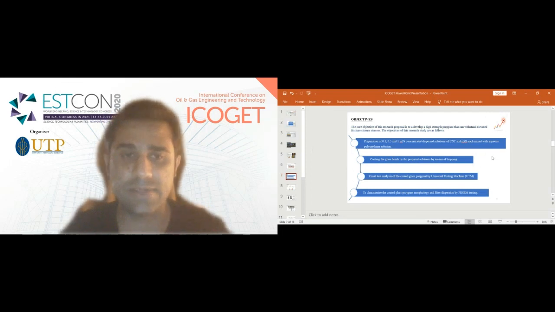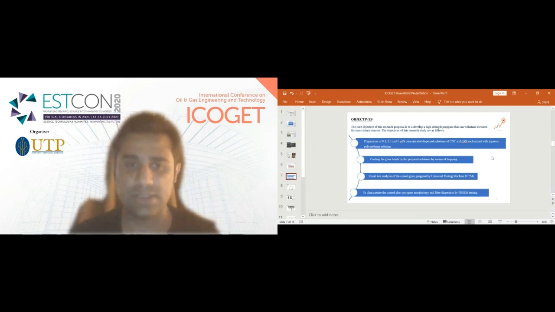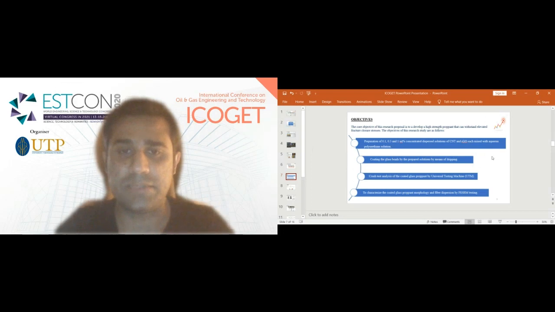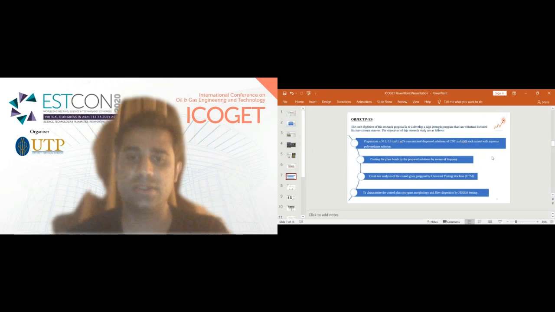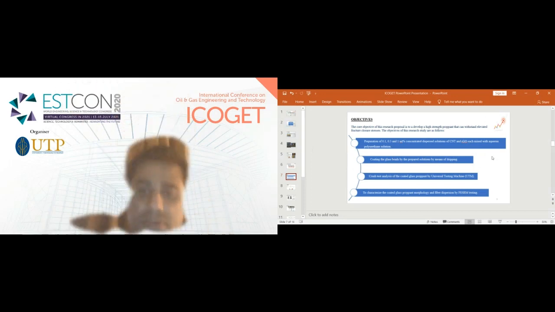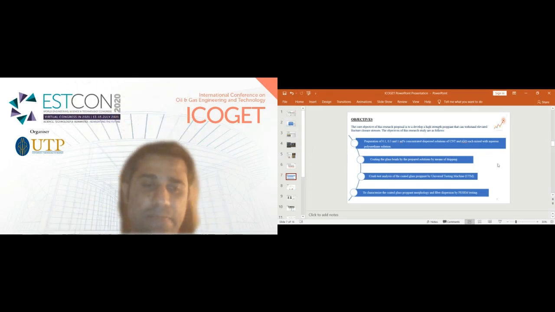The second objective is coating the glass beads propellant with the prepared solution by means of dripping. The third objective is crush test analysis of the coated glass propellants by universal testing machine (UTM). And finally, to characterize the coated glass propellant morphology and fiber dispersion by means of FESEM analysis.